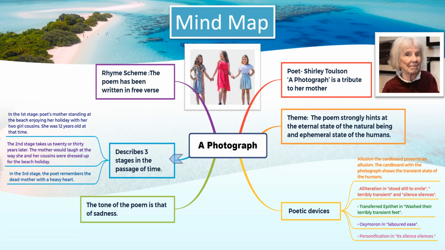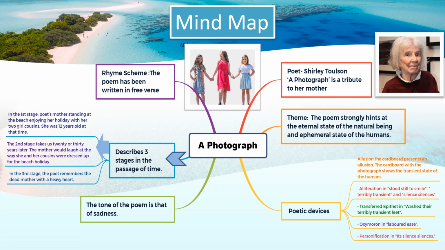The poem, A Photograph, describes three stages or three different phases of life. In the first stage, the poet describes the childhood photograph of her mother, which is a visual history of an event in the life of the poet. The photograph had captured a moment from the mother's childhood. The second stage takes us 20 or 30 years later.